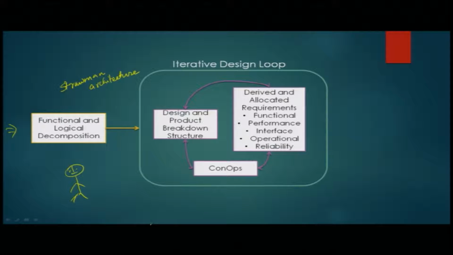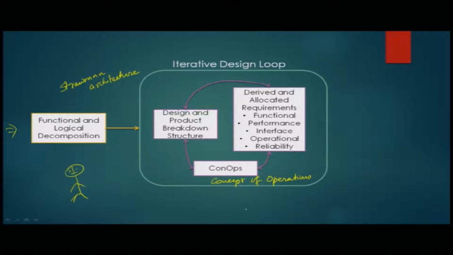Okay. From there, it also comes up something called a CONOPS. CONOPS stands for concept of operations. We will discuss what is the concept of operations a little later down the road. Detailed definitions will be provided. And within this process, we also have the derived and allocated requirements.